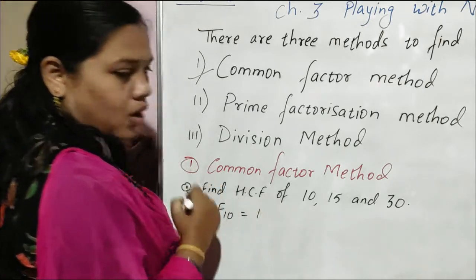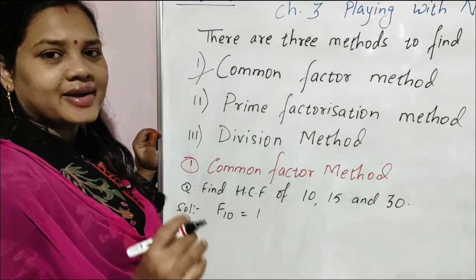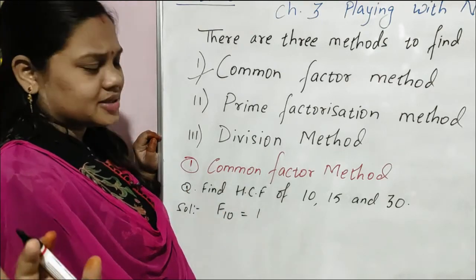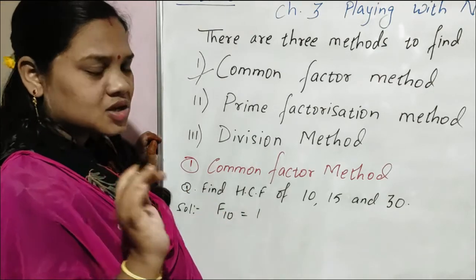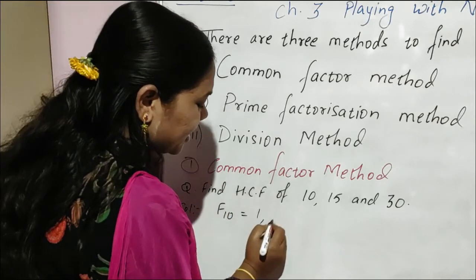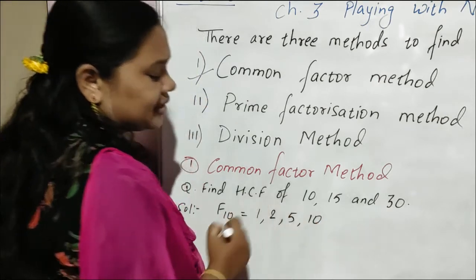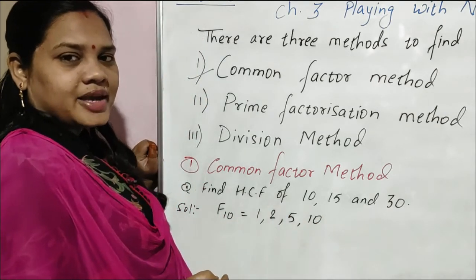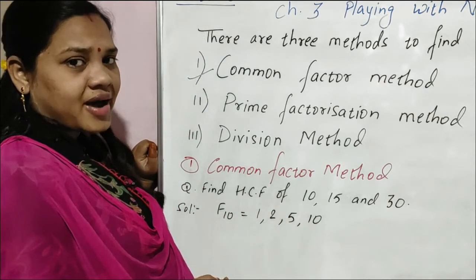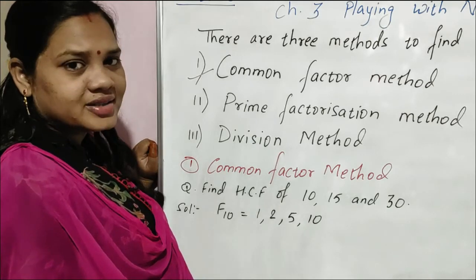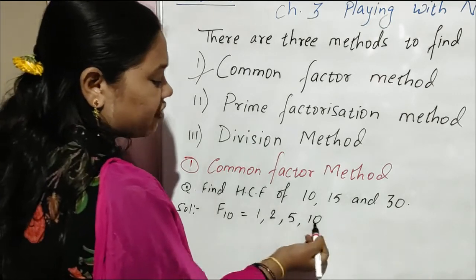First is 1. 1 is a factor of all the numbers. 1 divides all the numbers. Then 2, then 5, then 10. Every number is itself a factor. So 10 is a factor of itself. So these are the factors of 10.